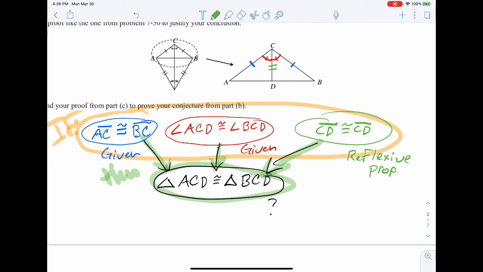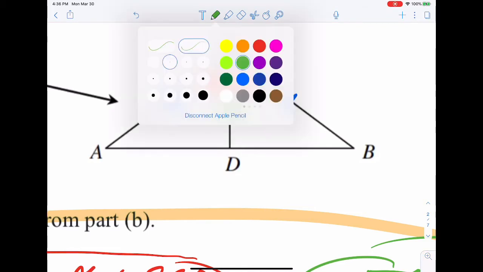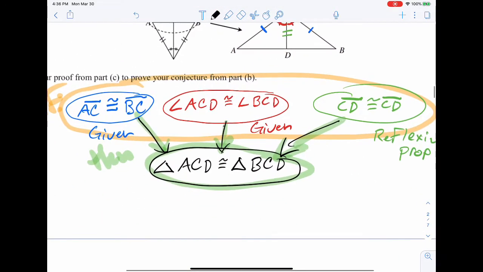Well, hopefully you looked and you said, all right, well, we have two pairs of sides that are congruent, and then one pair of angles, and that pair of angles is the included pair of angles, meaning it is between the two pairs of sides we're using. And so that is the condition for side, angle, side congruence.